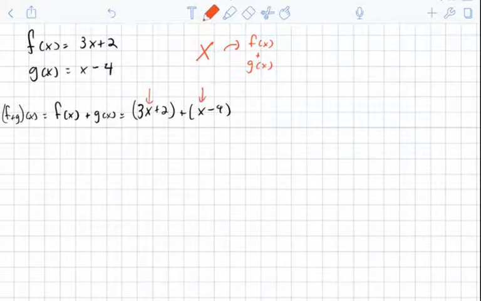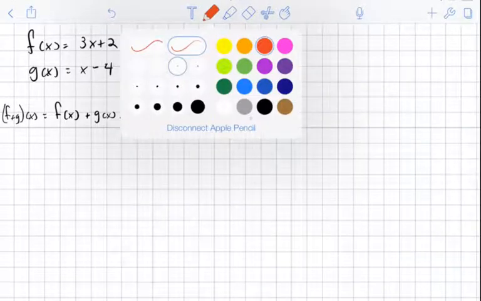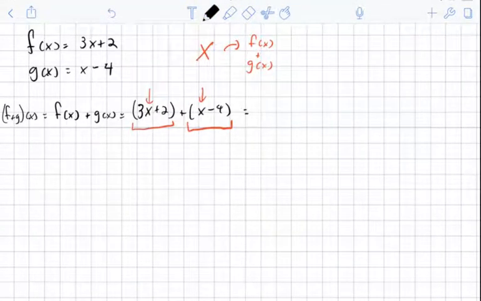This is the value of the output of f of x. This is the value of the output of g of x. But now I'm allowed to rearrange things. 3x plus 2 plus x minus 4, and you rearrange this and it becomes 4x minus 2. And that is what you get if you add them together.